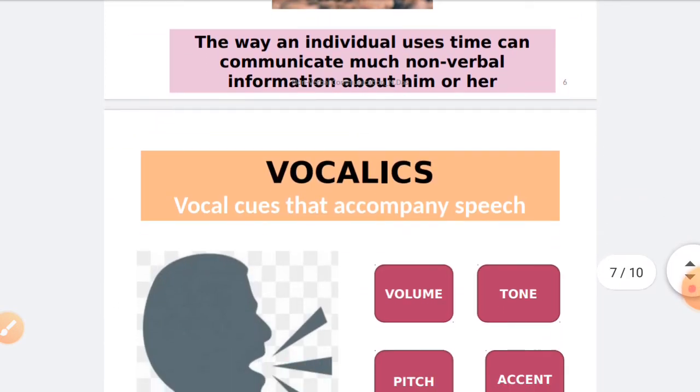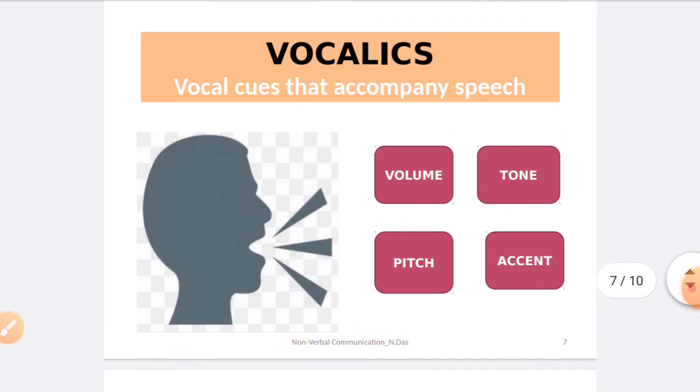So after chronemics, we have vocalics. Now, what is vocalics? It's also known as paralanguage or the paralinguistic features while we communicate with others. Vocalics is nothing but the vocal cues that accompany speech. For instance, intonation, accent, volume, pitch, voice modulation, and so on and so forth.